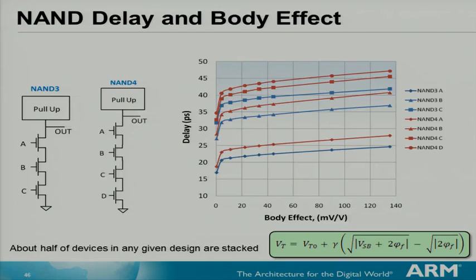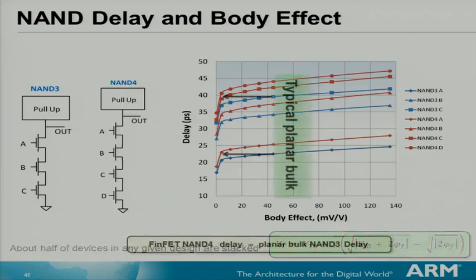The other implication would be the body effect. Since FinFETs have very reduced or negligible body effect, what we've done here is we have taken a planar transistor model and just changed the body effect coefficient and tried to see how it impacts a NAND3 and a NAND4. So how does the delay change? We're looking at the different inputs, A, B, and C, with A being the closest to the output.